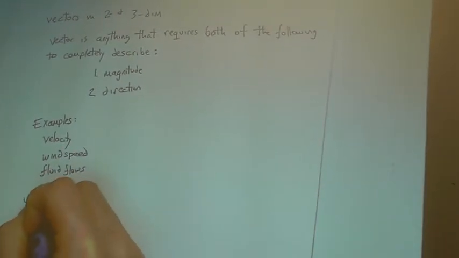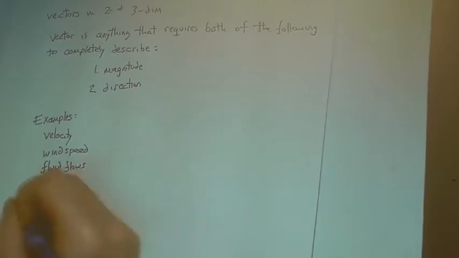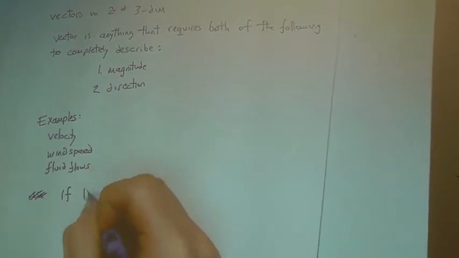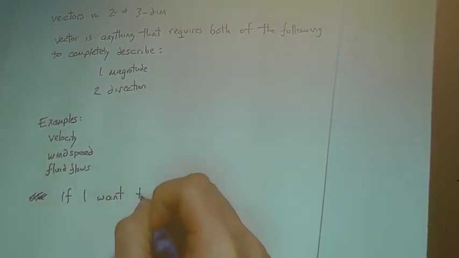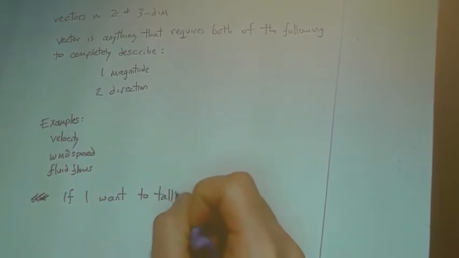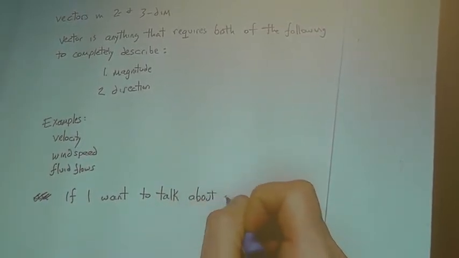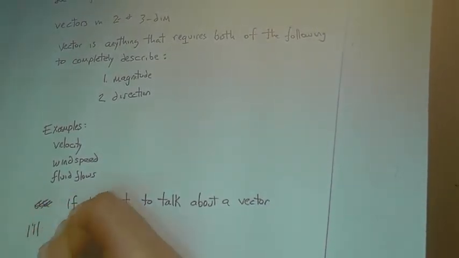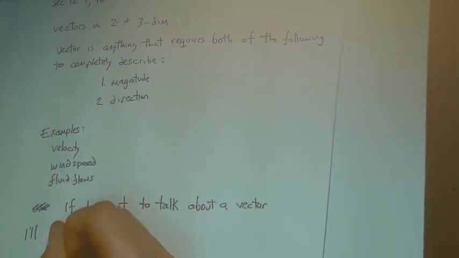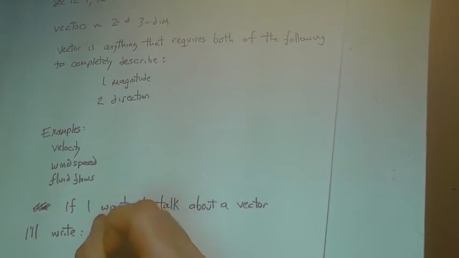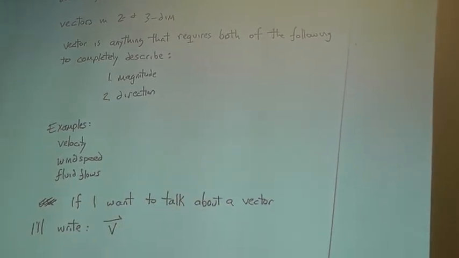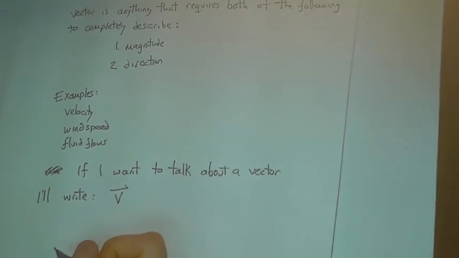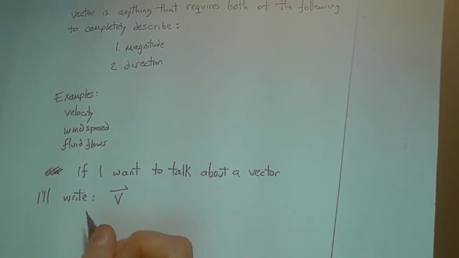We use, well, if I want to talk about a vector, I'll write one of the following. I'll write a letter and I'll put an arrow over it. Make it a full arrow if you want. I tend to do half arrows.